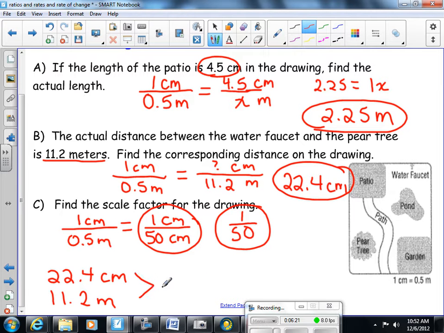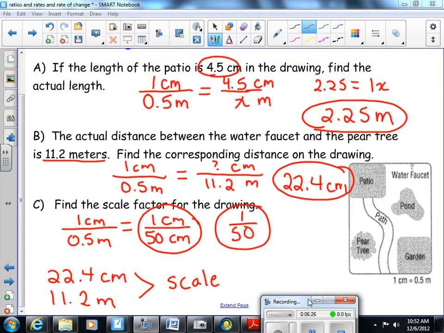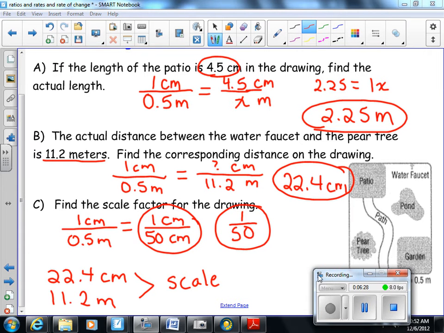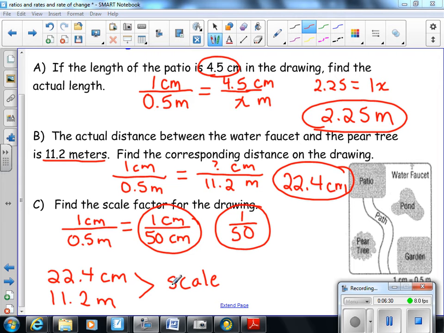Suppose from this we want to find the scale. How would I do that? You want to know how many centimeters in the drawing equal how many meters.